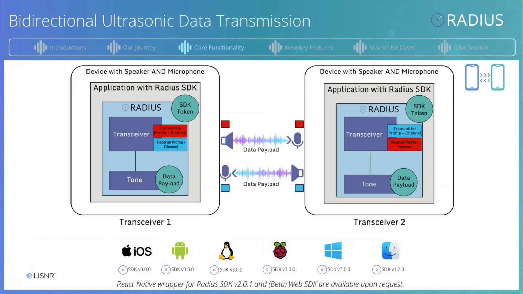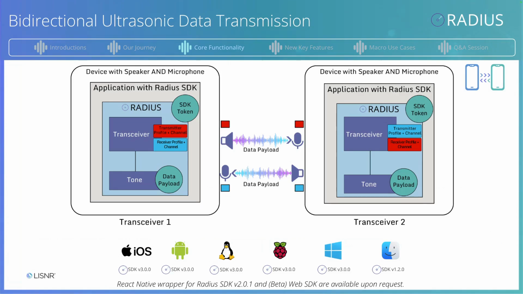With bidirectional data transmission, a few inputs come into play with our Radius transceivers and take the concept of online to a different level. Transceivers allow for simultaneous data transmission in both directions between devices with speakers and microphones.